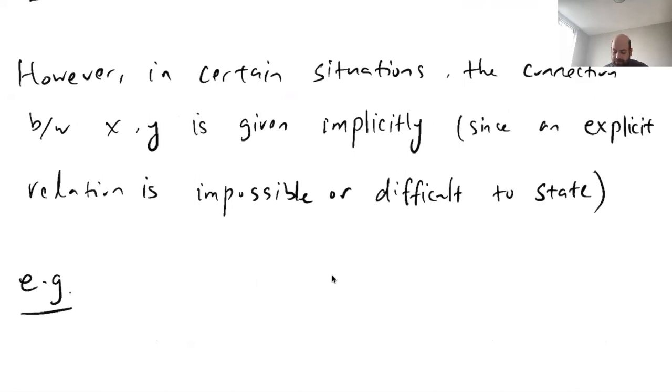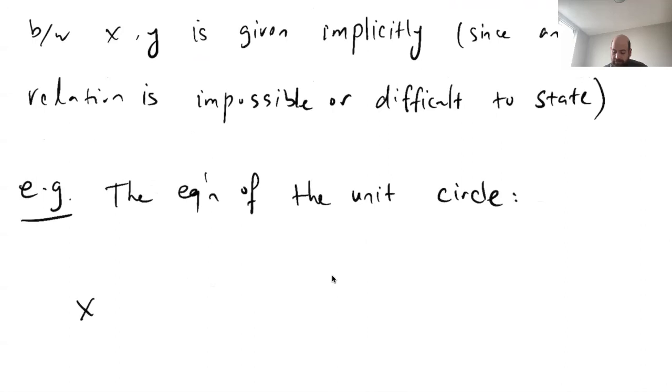So for example, the equation of the unit circle, let's say. This is basically x squared plus y squared equals 1. Right?